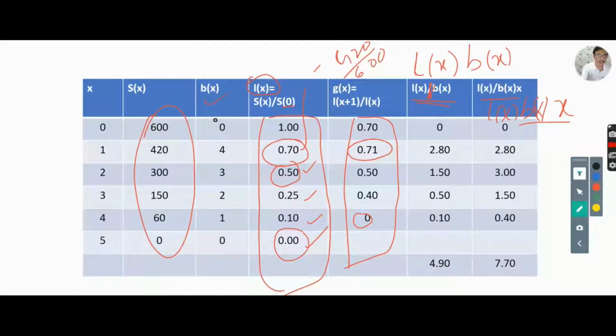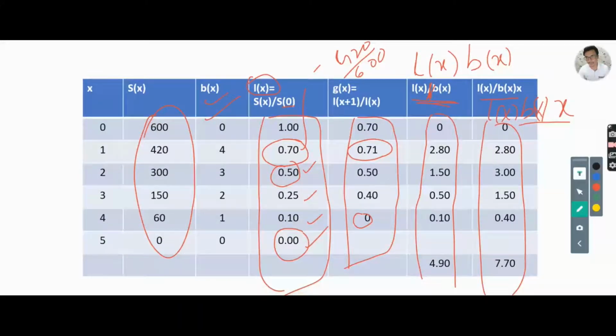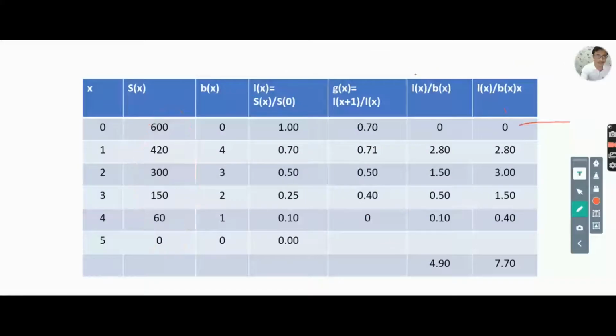Then if Bx is given, you can easily calculate these two columns. So overall, this is the first table that you can easily prepare, and we can move to the next table. Is it clear? Is this table clear to you? Anybody else? Any doubt in this table?